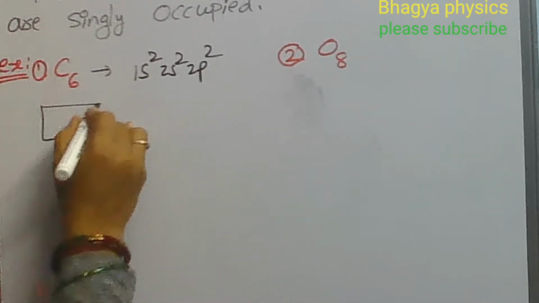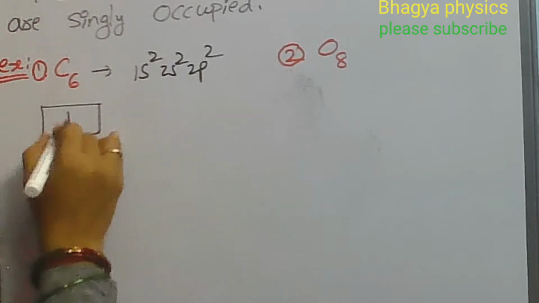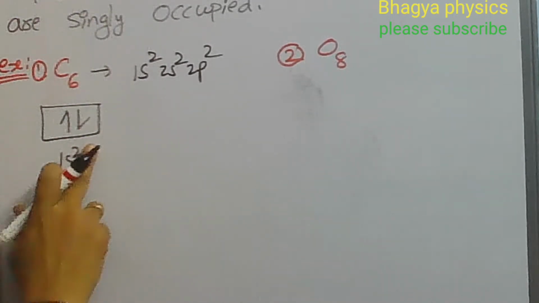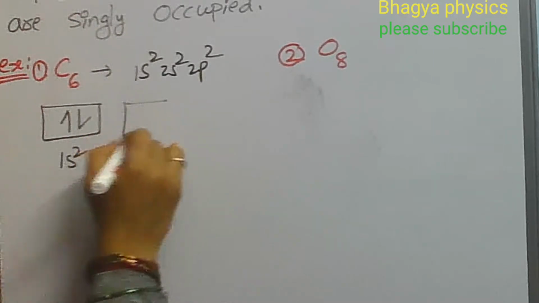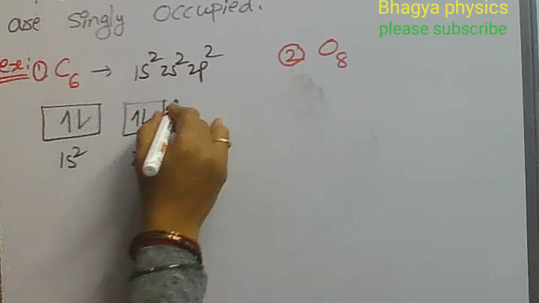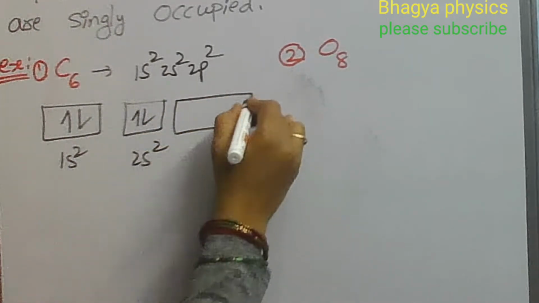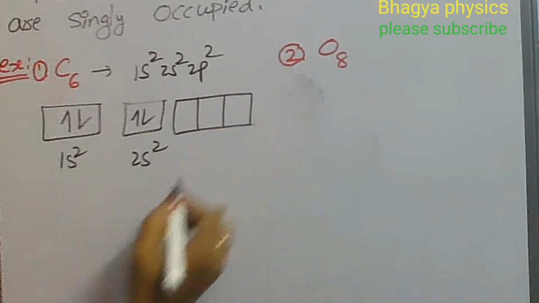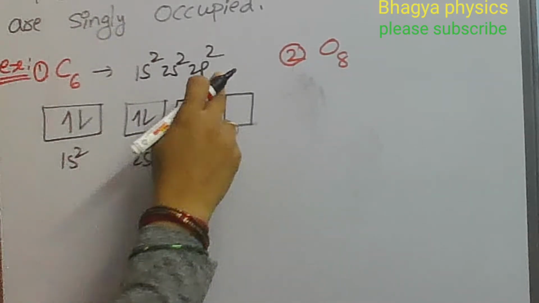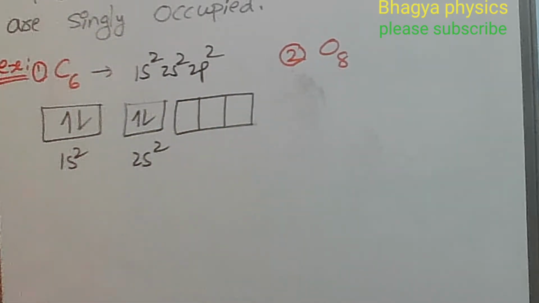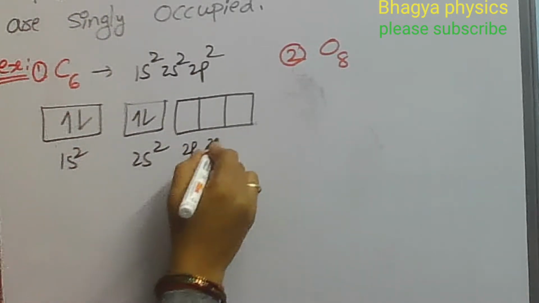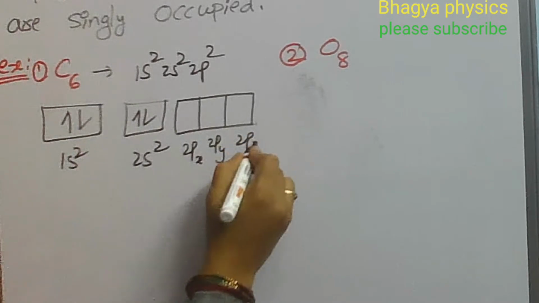1s2 means two electrons are held in the s orbital with opposite spin, and 2s2 is the same, with opposite spin. Then the 2p orbital: the p orbital splits into three degenerate orbitals in the presence of an electromagnetic field, which we write as 2px, 2py and 2pz.